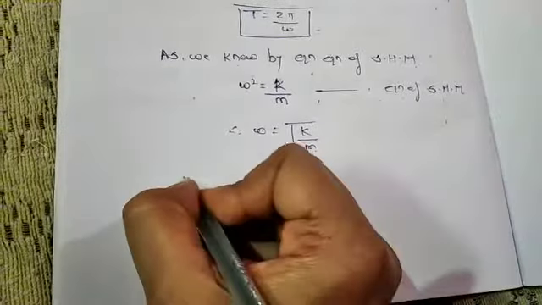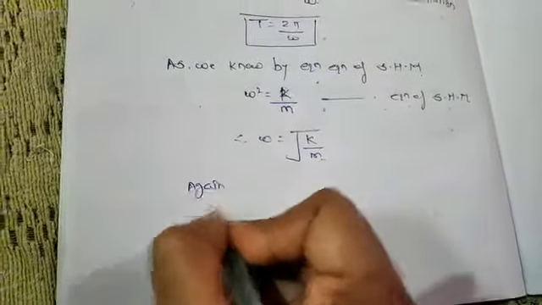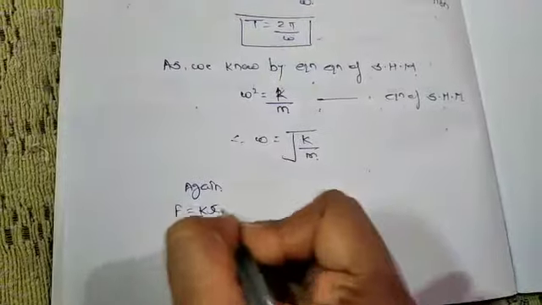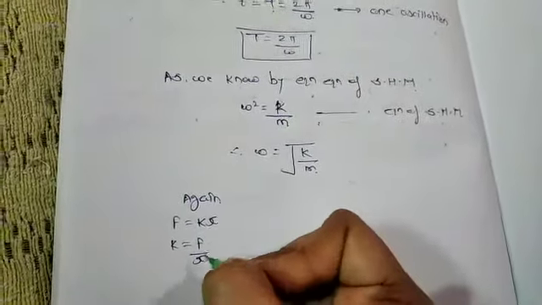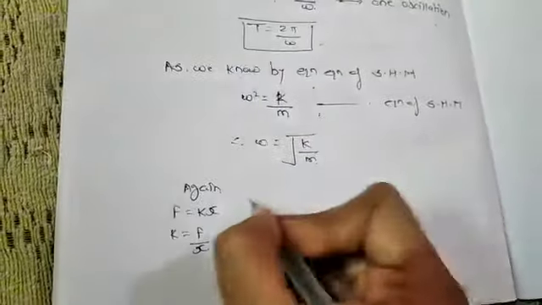Again, as we know, F is equal to kx, that is k is equal to F by x, force per unit displacement.